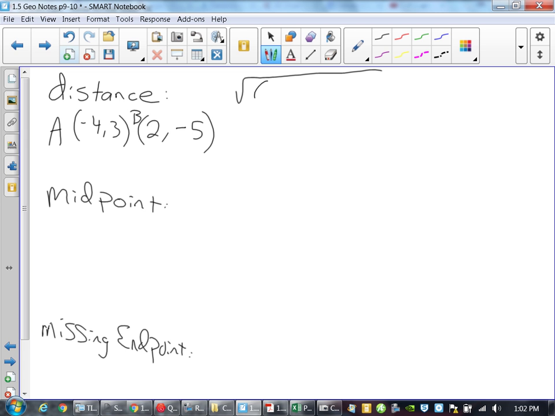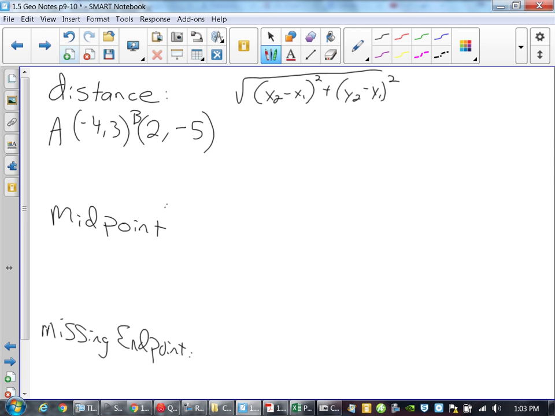Square root, change in x, quantity squared, change in y, quantity squared. Personally, I think shortcut logic-wise, a little bit cleaner. A little less work. -4 to 2. How far apart are they? 6. So if I do it the shortcut way, that would be 6, and then I square it. 3 and -5, how far apart are they? 8.